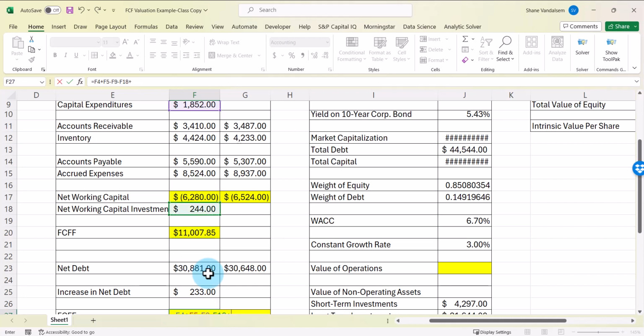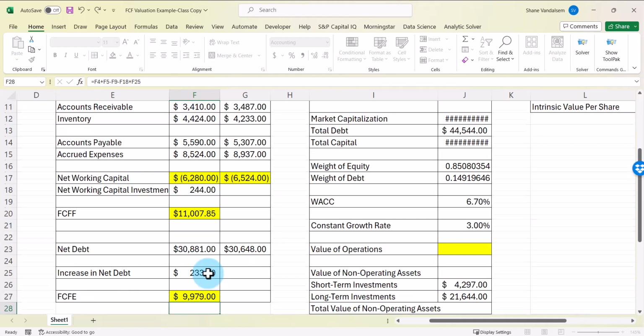And then I'm going to add in the increase in net debt. And so we get a value here of 99.79. The difference between the free cash flows to the firm and free cash flow to equity is generally the amount paid out to the bondholders of the firm or the other lenders of the firm.